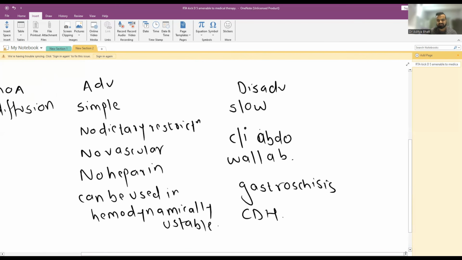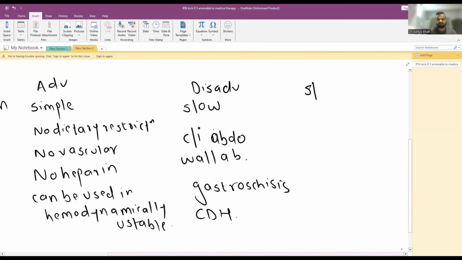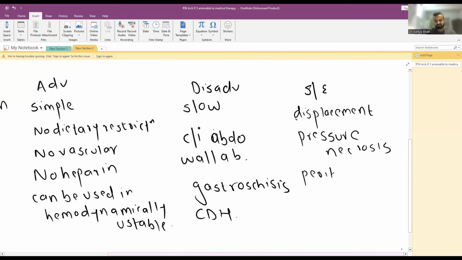What are the side effects? Side effects and complications are very important. They are catheter related, like catheter displacement. There might be pressure necrosis where you have put the catheter. There might be peritonitis, local site infection, and electrolyte and metabolic imbalance.